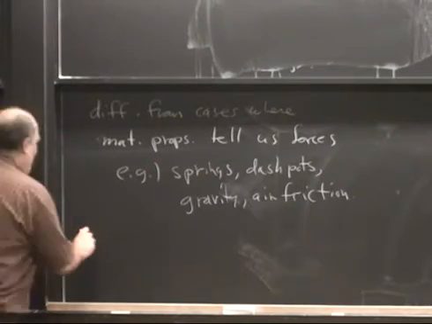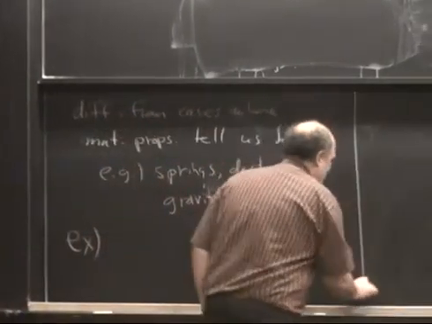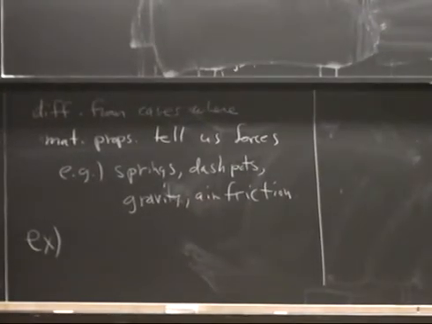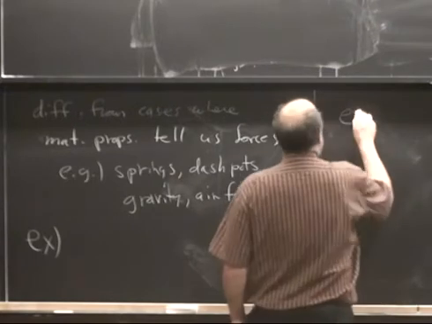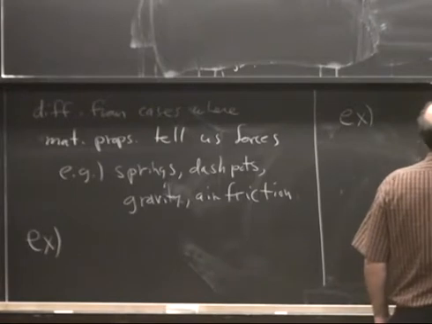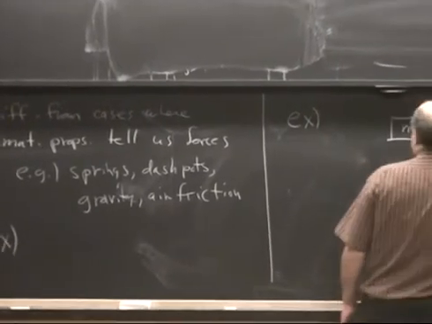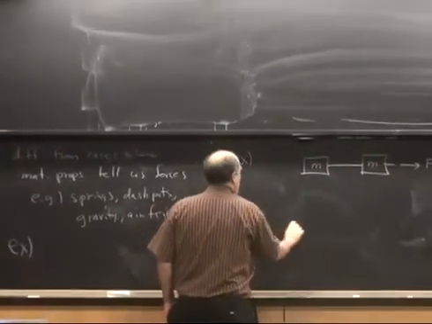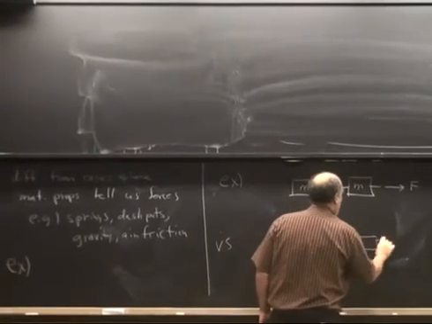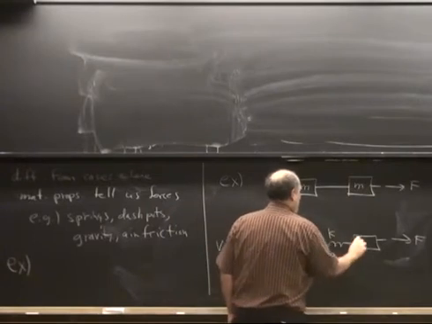So I'm now going to show you a trivial example. It's so trivial that it's hard to see the example in the example. But if you think about it, maybe it will help you later on. So we want to contrast this situation where we put a rod between two masses and we apply a force like this, and we want to compare that to the situation where we put a spring between two things and we apply a force. So here's a spring, and here's a mass and a mass.